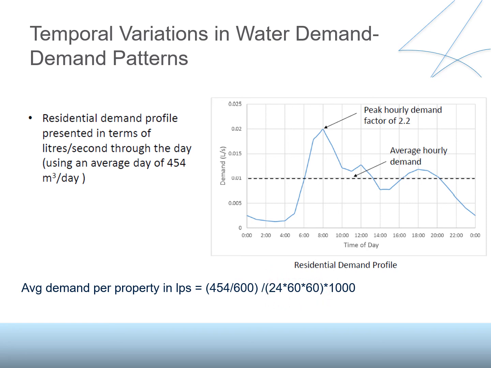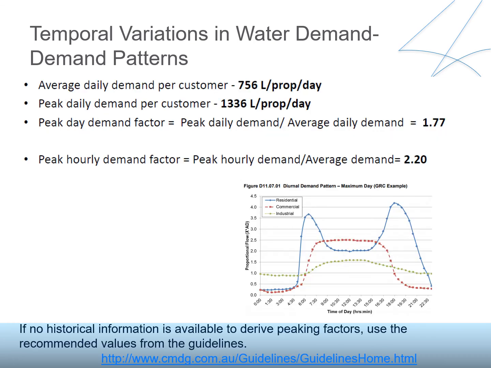Normally in the guidelines the values are given in terms of liter per second. Okay, so it's just how to calculate from meter cube per second to liter. So this is normal. Now from this information we can see the average demand per customer is 756 liter per property per day.